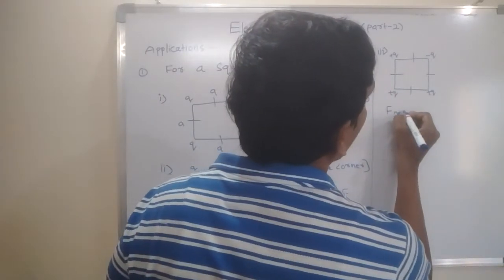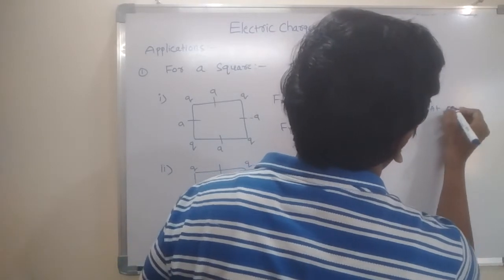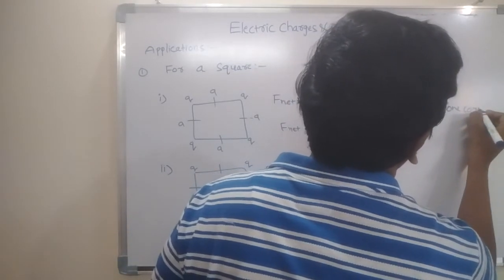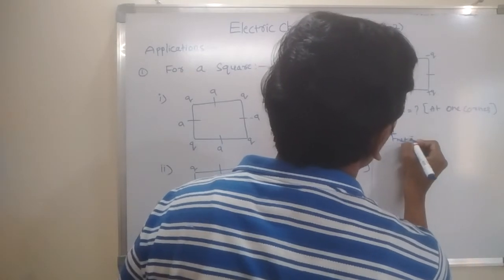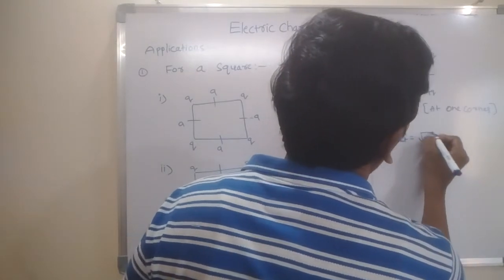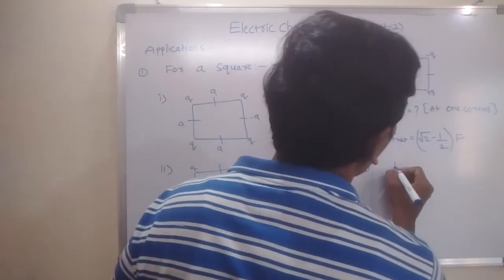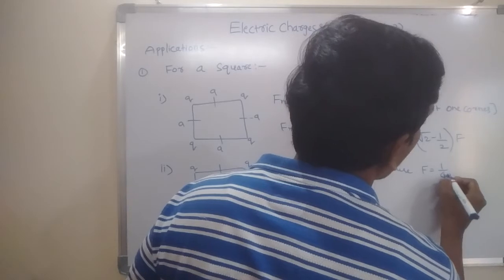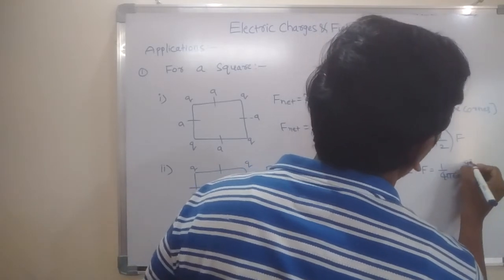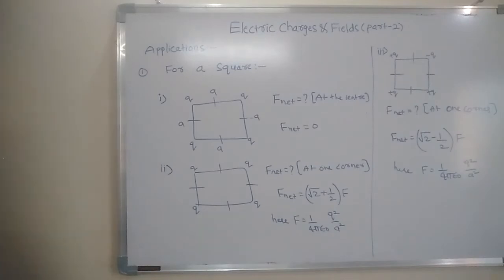Here also asking net force or resultant force at one corner. If asking at one corner, what is the formula here? Net force is (root 2 minus 1 by 2) all into F, whereas here F stands always for 1 by 4 pi epsilon naught into Q square by A square. A is the side length. So these are the applications on square.